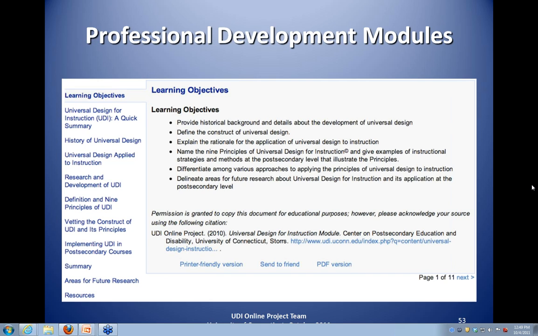So again, these are additional information that might be of use both to faculty, administrators, staff, as they look to use the tools in application of the principles of UDI in their particular role and responsibility.